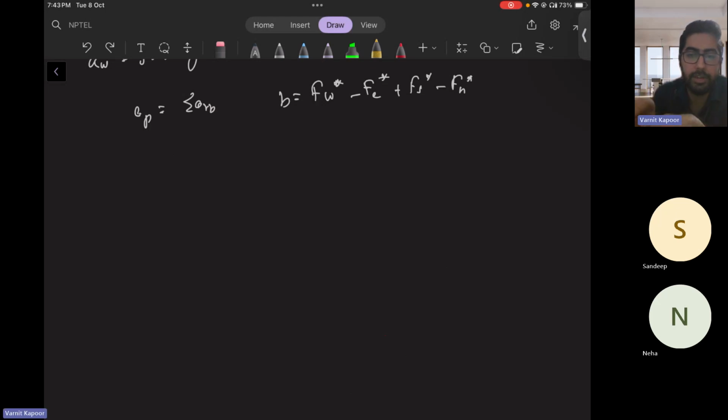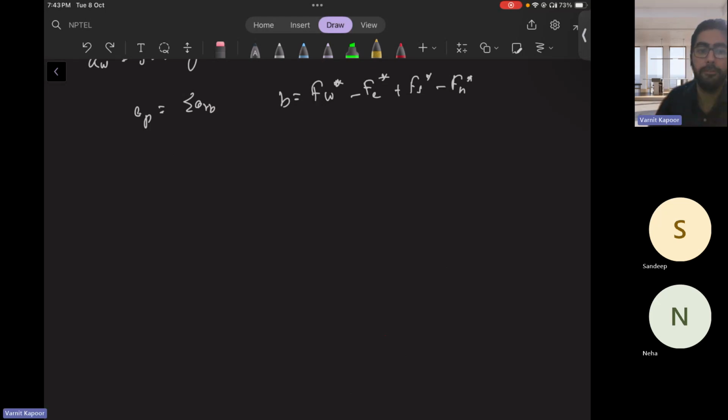So here the second difficulty, the solution of incompressible flow, is now addressed using the SIMPLE algorithm. This right hand side denotes the mass imbalance. This term denotes the mass imbalance, basically your B term.